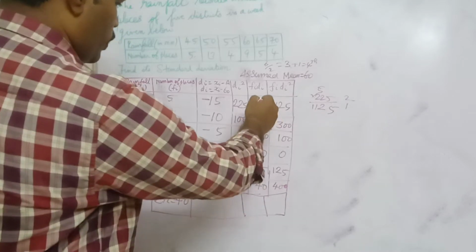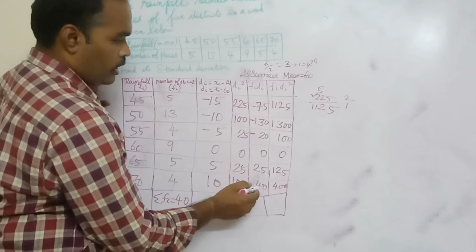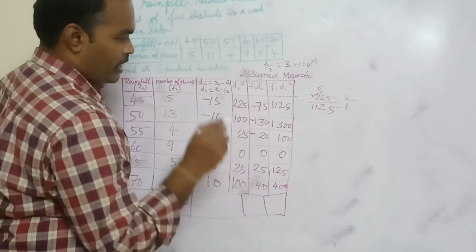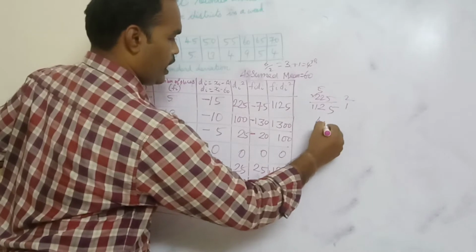So now we need to add sigma fi di. 40 plus 25 is 65. 65 minus 20 is 45.